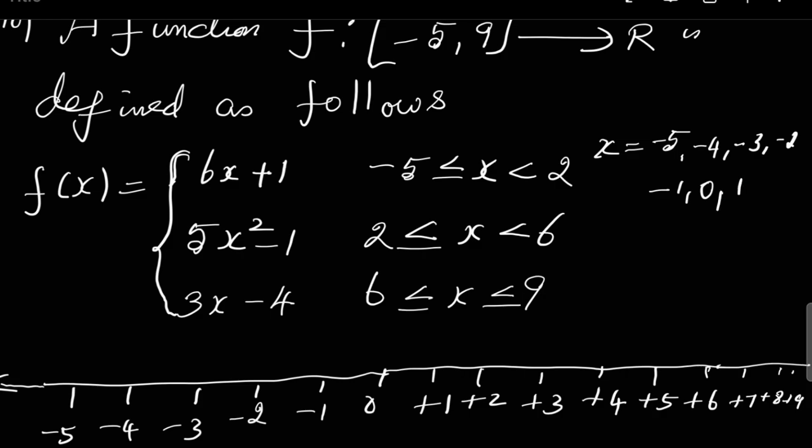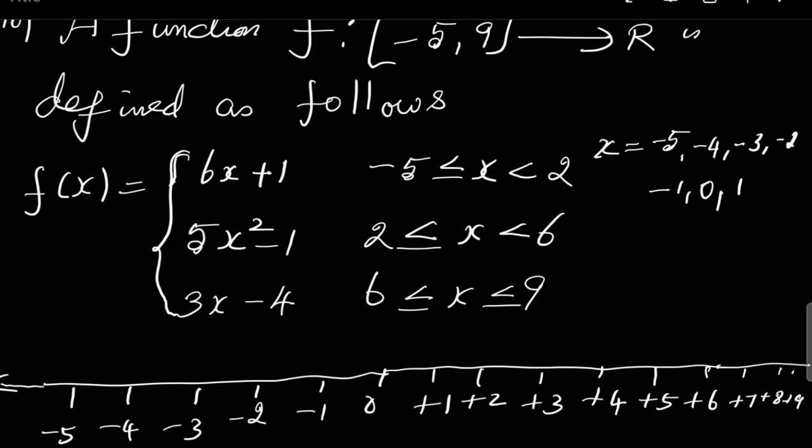Because here it's strictly less than 2, so we should not take 2. So before 2 you have 1. So for the first function, x takes the values minus 5, minus 4, minus 3, minus 2, minus 1, 0 and 1.